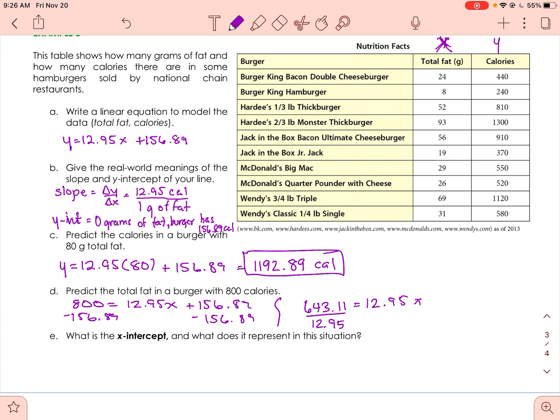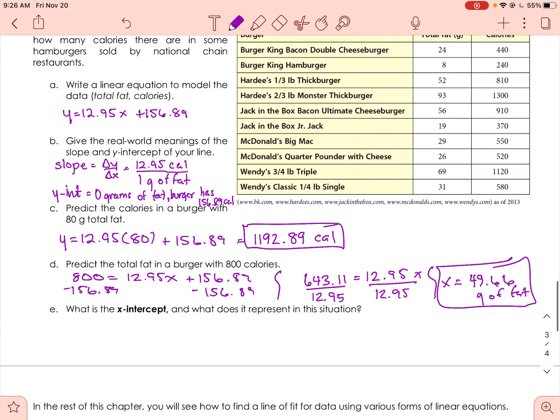Divide by 12.95, divide by 12.95, and you would get x equals 49.66. So you have 49.66 grams of fat in a burger with 800 calories.